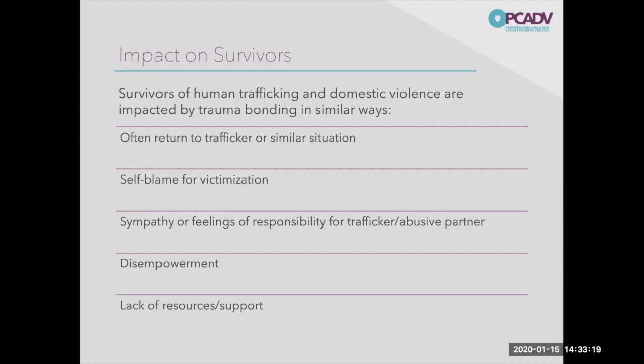They feel disempowered and they lack resources and support. And so you can imagine that for an individual that's experienced the other traumas associated with exploitation, either of labor or sexual exploitation, on top of just feeling disempowered in general, they then feel like, well, even if there's resources out there, they're not for me.